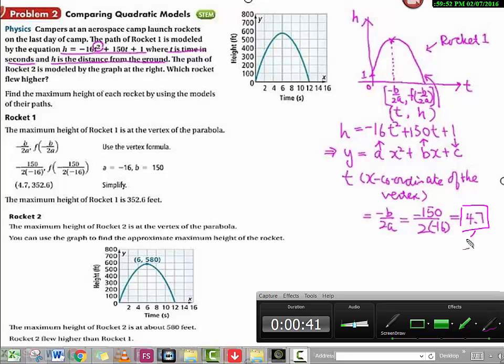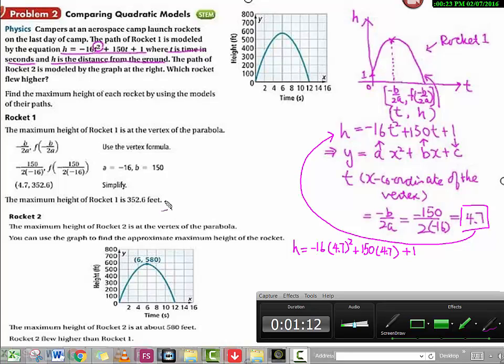To find h, all we need to do is plug in the value of t, which is 4.7, back into the original equation we have here, because h is equal to negative 16 times t squared plus 150 times t plus 1. Now we know the value of t, we plug in t right here: 4.7 squared, plus 150 times 4.7, plus 1.